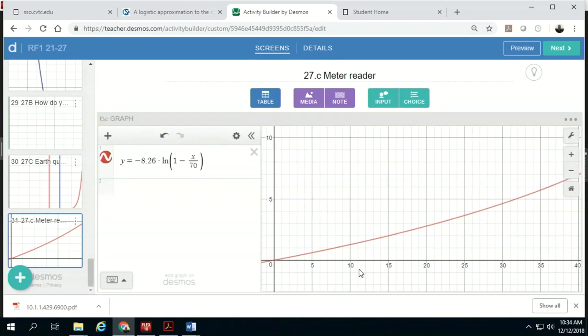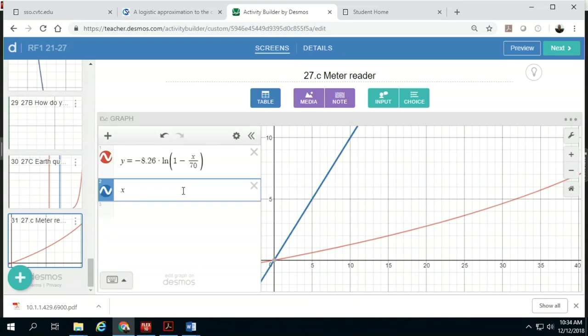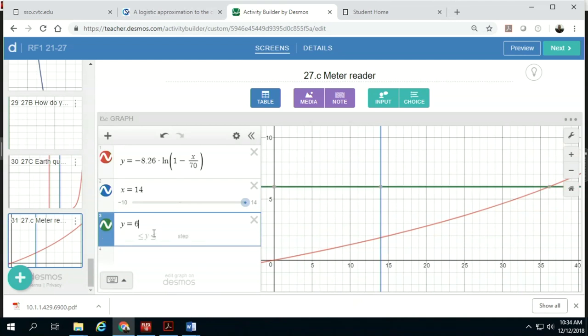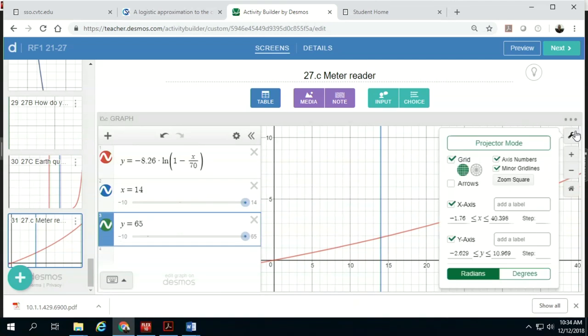So it says after 14 days, how many meters is he reading? After 14 days, he's reading 1.83 meters. And then how long will it be till he can read 65 meters? Well, we have to make sure y goes up that high, right?